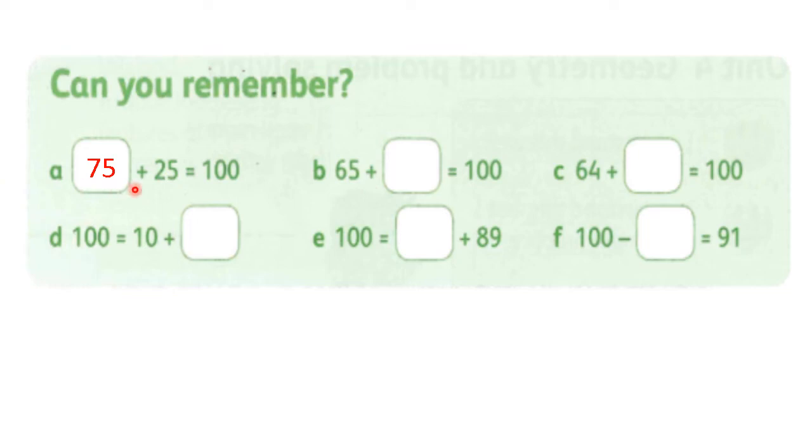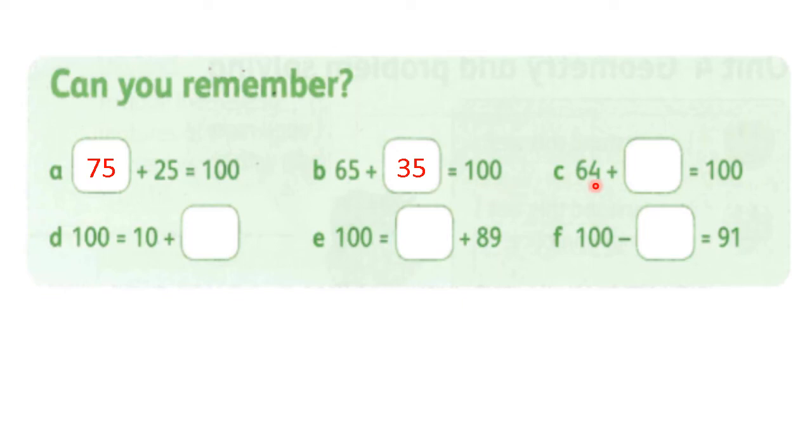So, the number added to 65 will be 10 more than 25. 10 more than 25 is 35. 65 plus 35 equals 100.